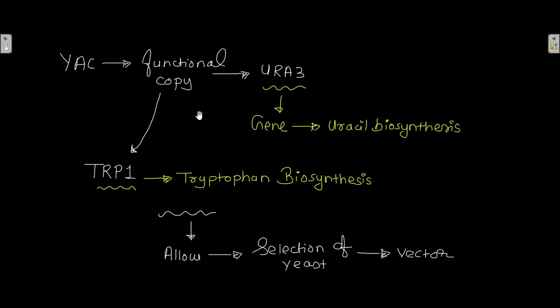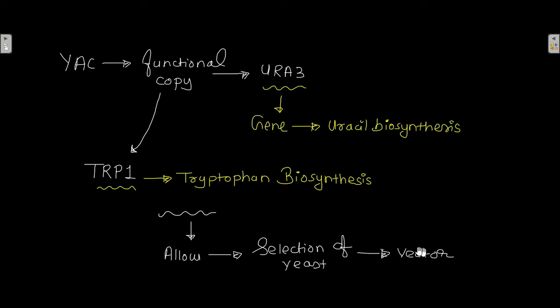Now this YAC contains functional copies of URA3 and TRP1. URA3 is a gene that is responsible for uracil biosynthesis, whereas TRP1 is a gene required for tryptophan biosynthesis, and these two genes allow the selection of yeast if it contains the vector.